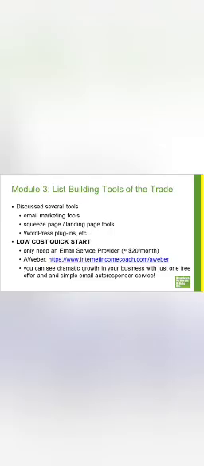The key is, and this can't be emphasized enough, you must absolutely use a third-party email service provider to handle the collection and ultimately the email to your list. And you can see dramatic growth in your business with just one free offer and one simple email autoresponder service. So that's the low-cost quick start.